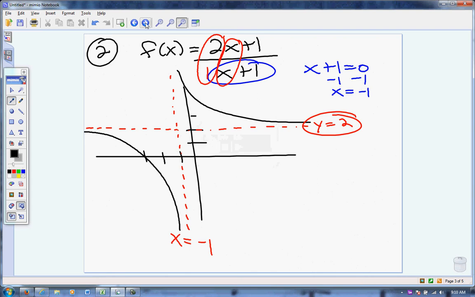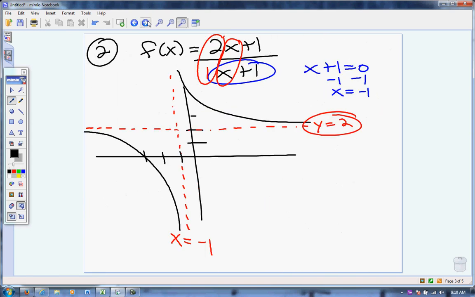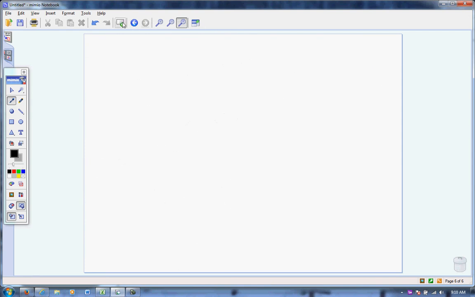Another example would be the one I mentioned at the beginning, 5 over x plus 2. If it's just 5 over x plus 2, automatically there's a horizontal asymptote at y equals 0. We're going to do several examples here. Let's look at a couple.